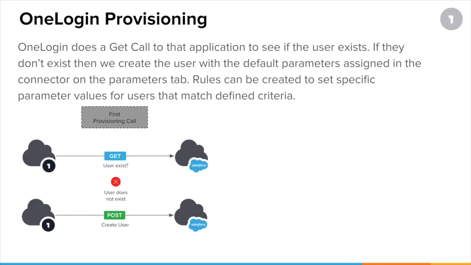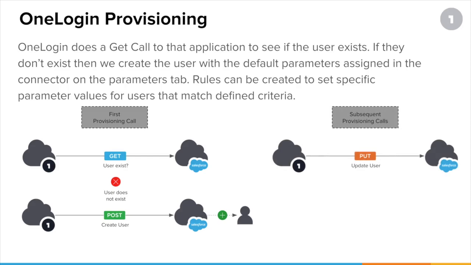When the user gets updated within OneLogin, that's going to trigger an update within the application, so we'll update those attributes over in the application. And then if the user leaves OneLogin or no longer needs access to the application, we can actually decide what to do then. We could delete them within the application, maybe disable them, suspend them, or maybe do nothing.